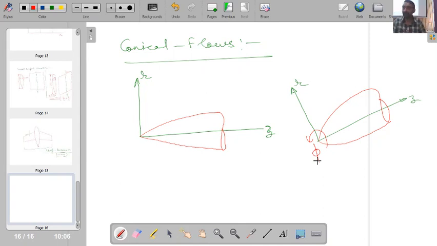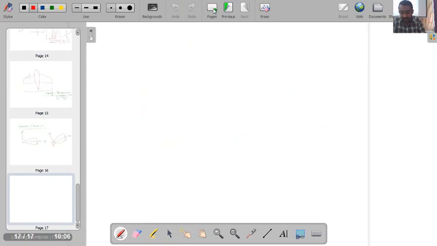Now, the importance I have already told you: it is found in the majority of aerodynamic objects, where the main part penetrating into the flow is of conical shape. Typically a cone will be represented something like this.